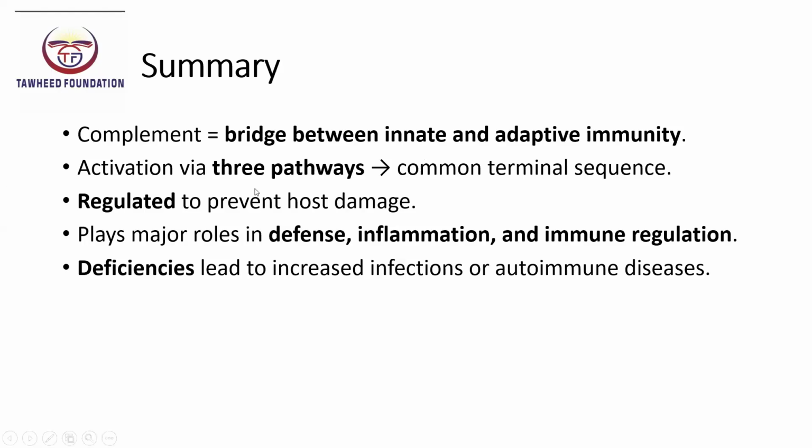Activation occurs through three main pathways: classical, alternative, and MBL, all of which converge on a common terminal sequence that leads to MAC formation and pathogen destruction. Its activity is tightly regulated to prevent host cell damage, ensuring a balanced and controlled immune response.